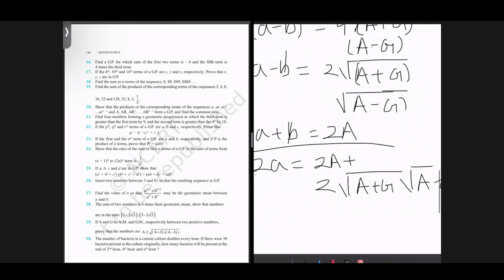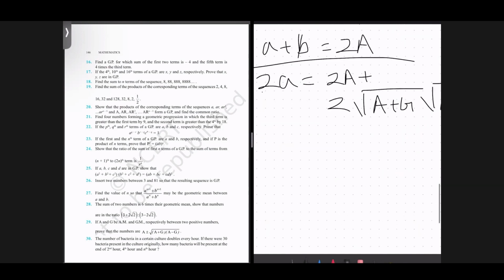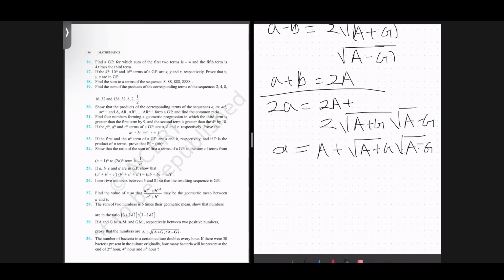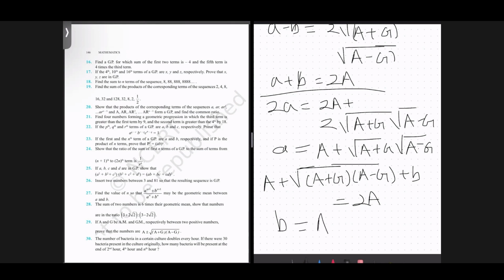Now I have the value of a. You can plug this value into the first equation, a plus b equals 2A. What you then get is A plus under root (A plus G)(A minus G) plus b equals 2A. Therefore, b equals A minus under root of (A plus G) into (A minus G).